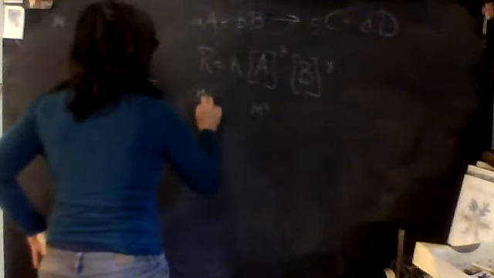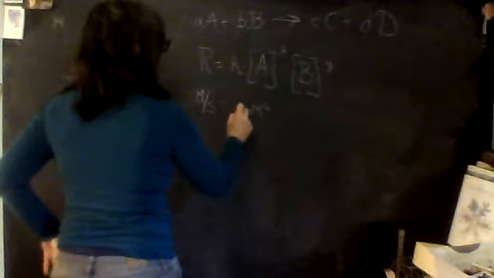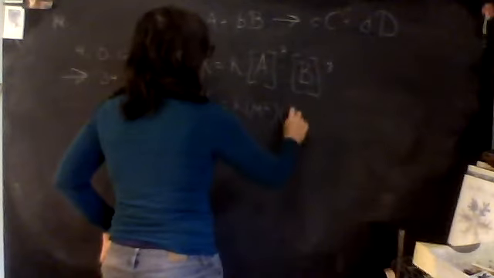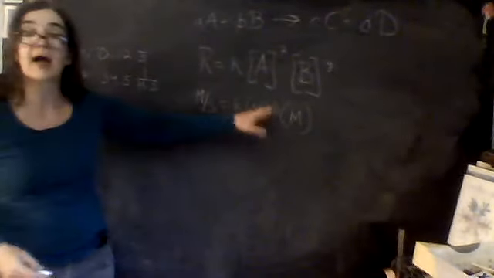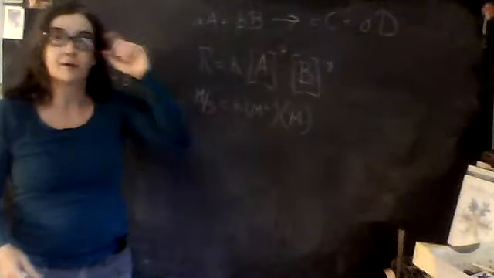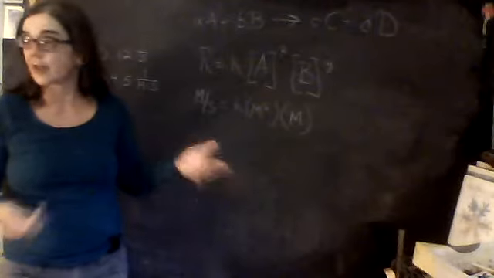So we're going to have molarity per second equal to some constant times molarity squared, maybe times molarity. So we're going to have different powers of molarity depending on this exponent, which has to do with the order of the concentration, right?